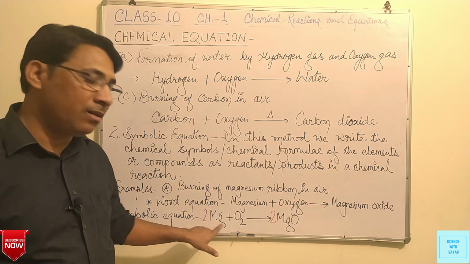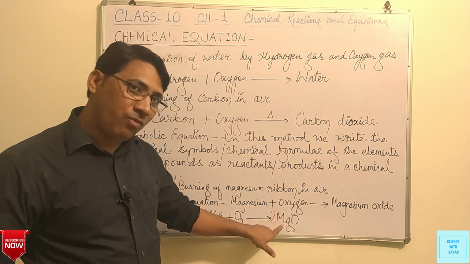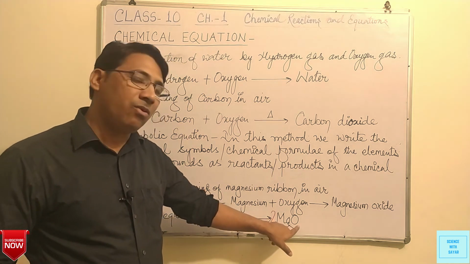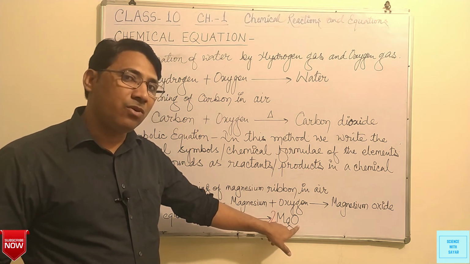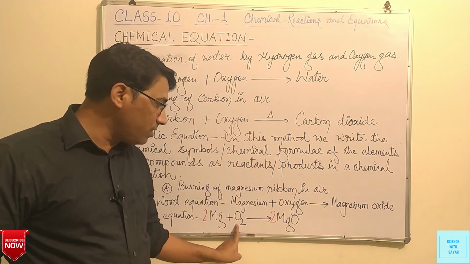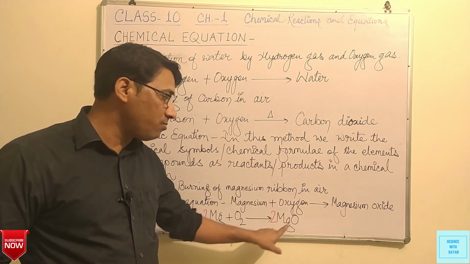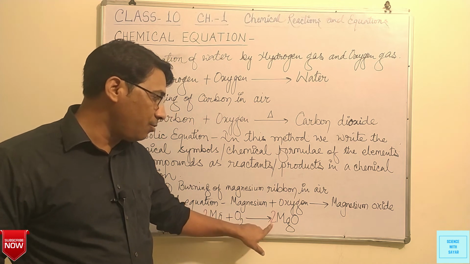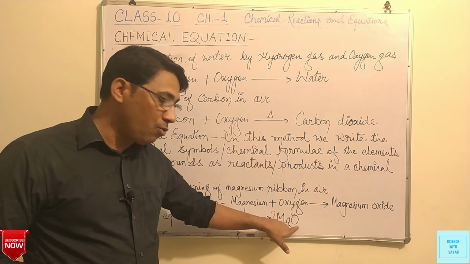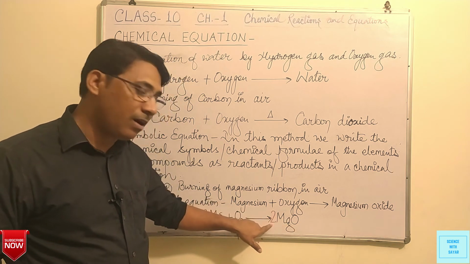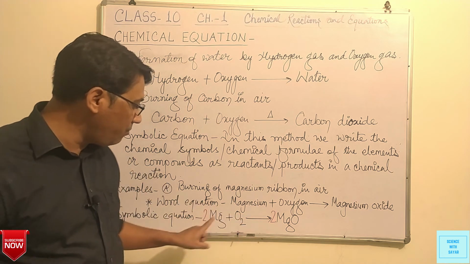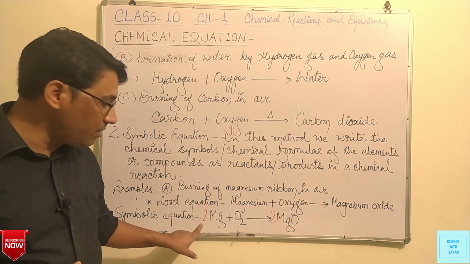magnesium is 1 atom, here oxygen is 2 atoms, and here oxygen is only 1 atom, so it is unbalanced. So to get 2 oxygen atoms here, we will write 2 here. In that case oxygen atoms are 2 and magnesium atoms are 2. So to balance the magnesium atoms, we will write a coefficient 2 here.